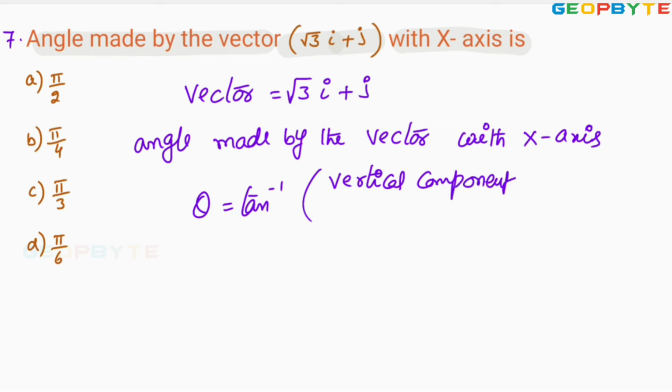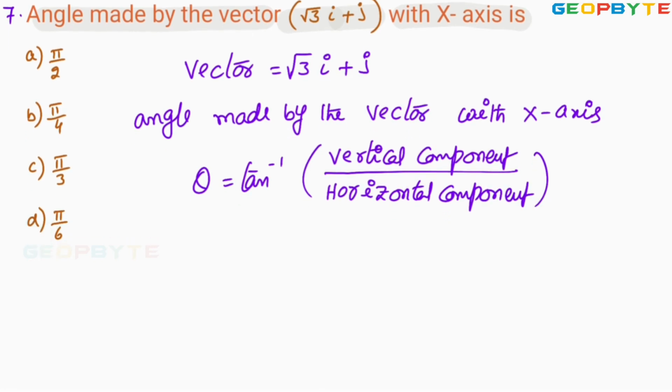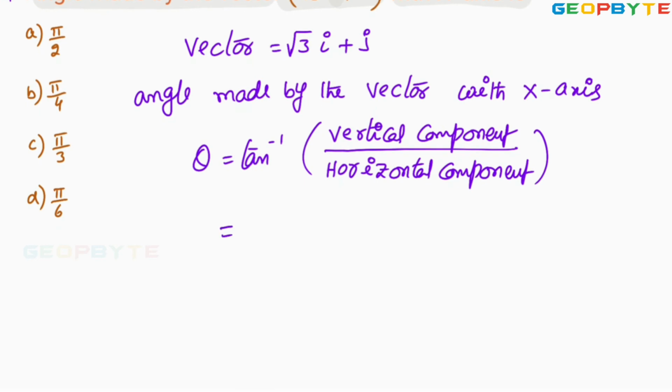divided by horizontal component. Here horizontal component means x component, vertical component means y component. It can be written as tan inverse.